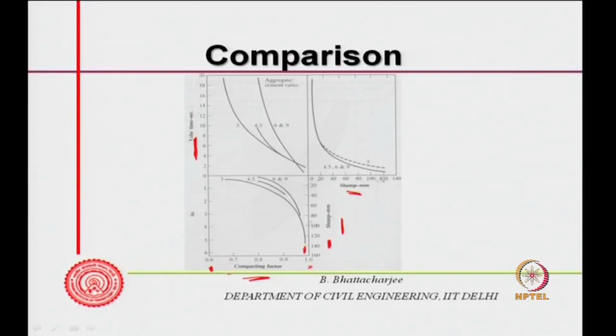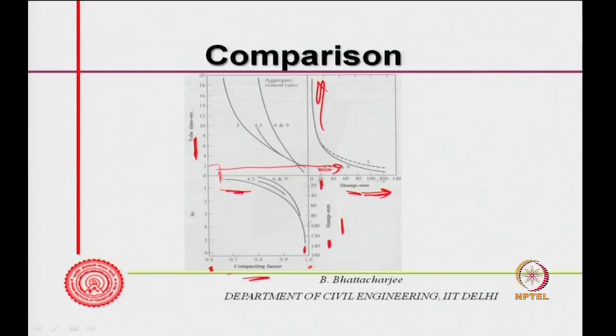But the compaction factor is not very sensitive to lower VB time. If you look between slump and VB time, at higher slump you have very little VB time. VB time is very small for high slump, so VB time is not sensitive to high slump concrete, but it is very sensitive for low slump concrete.